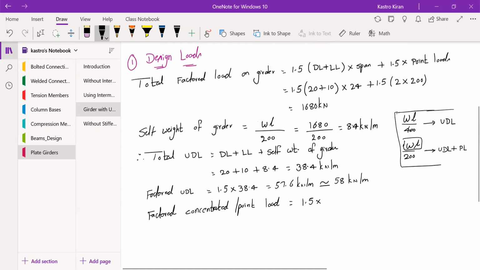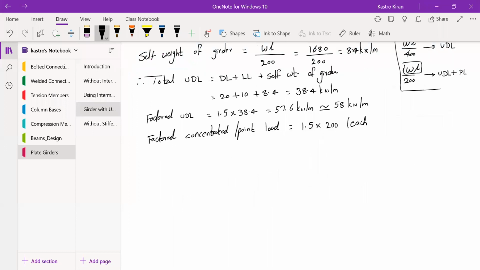It is 200, so 1.5 into 200. I have calculated this value for only one concentrated load, which will be 300 kilonewtons. So the total factored concentrated load for each load is 300 kilonewtons.